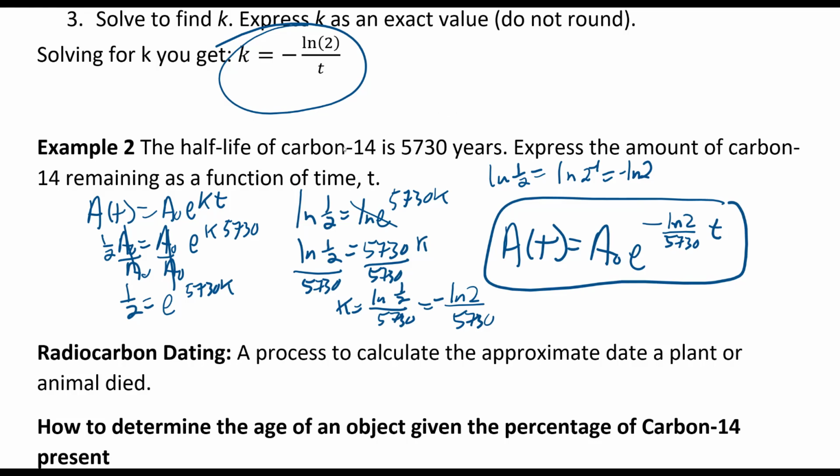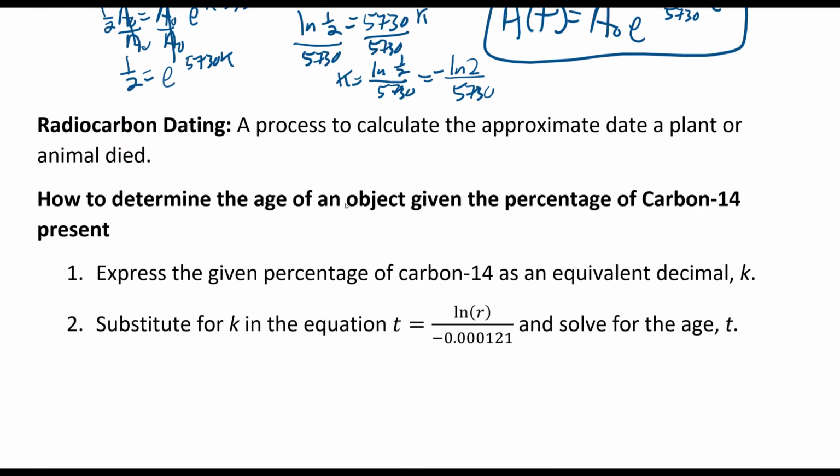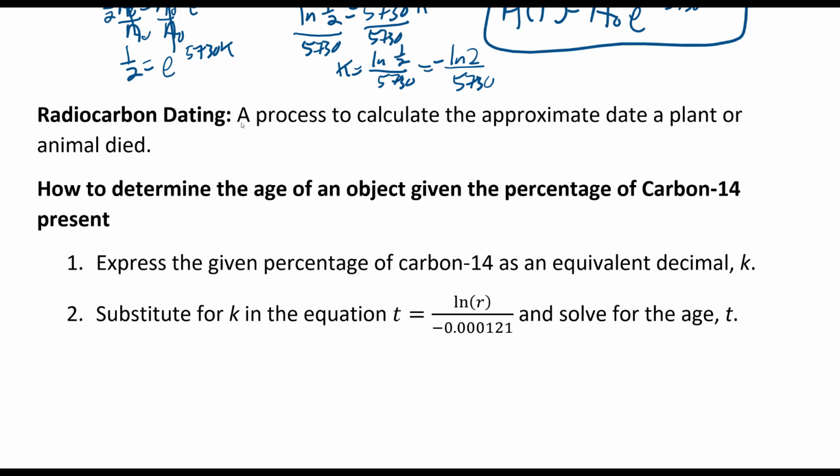Okay, moving on to radiocarbon dating. This is a process to calculate the approximate date a plant or animal died. The idea is carbon is collected through normal living, eating things that are ingested into the body, and so a certain percentage shows up as carbon-14, and that's the part that would decay.